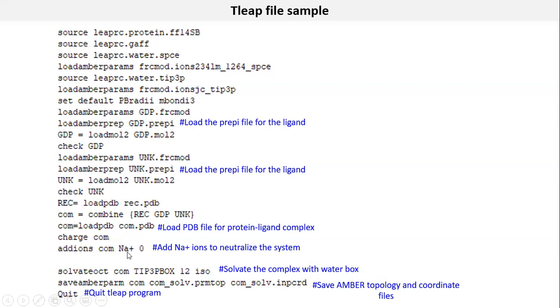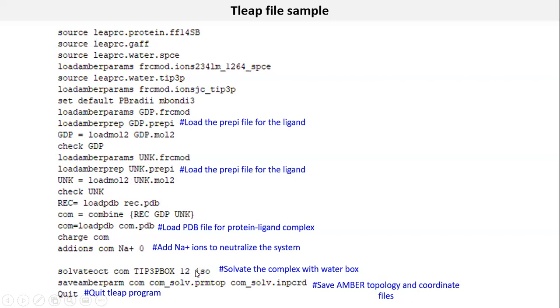When we add ions, Amber automatically replaces water molecules with the charge ions. It cannot replace a specific residue, for example a protein residue or ligand residue, with ions. And after that, we create a box.